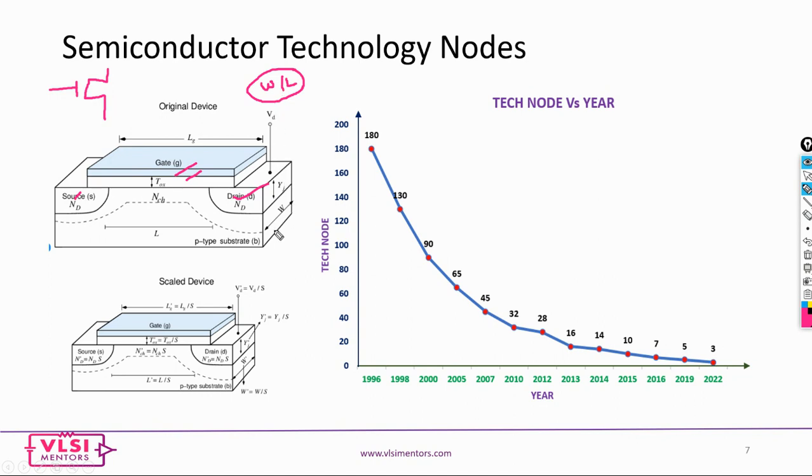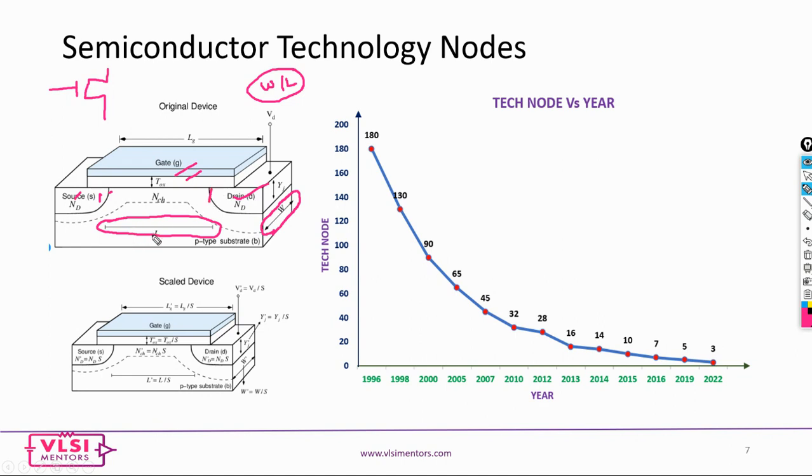The width of this transistor is like this, and the length is like this. When you say technology, this length, the distance between the source and the drain, is what we call technology.